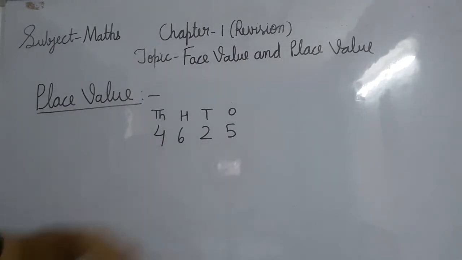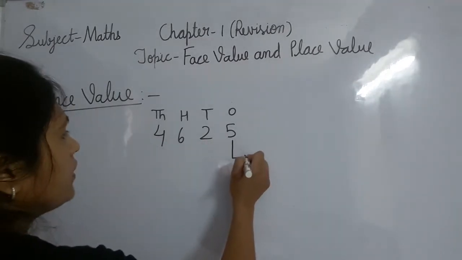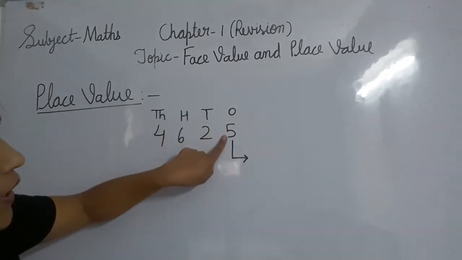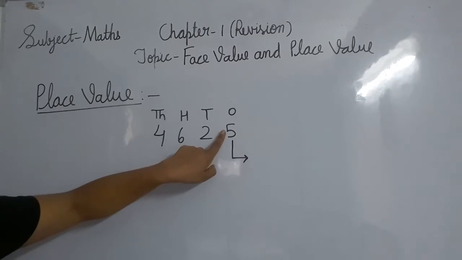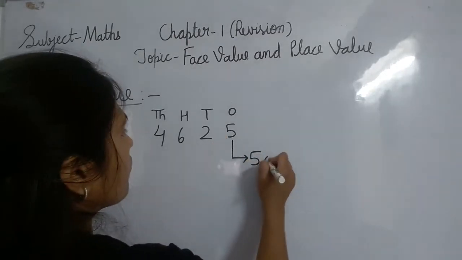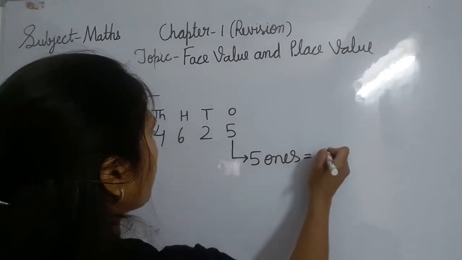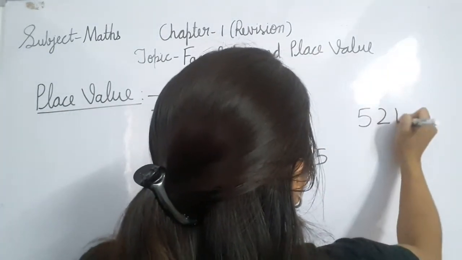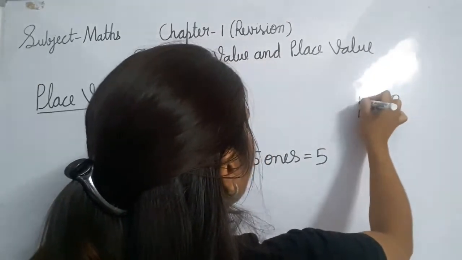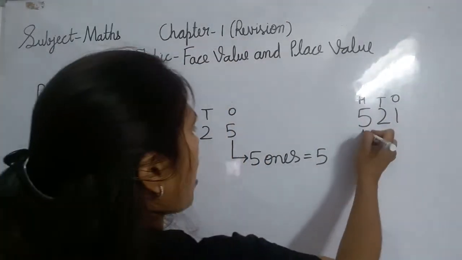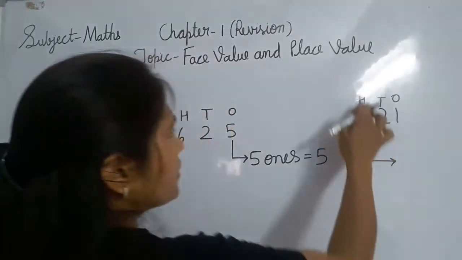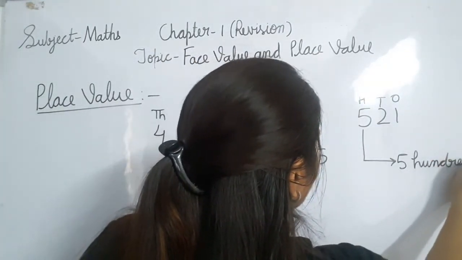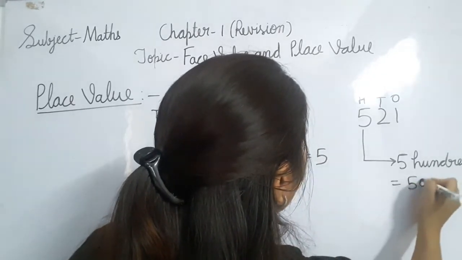If I am talking about 5, where is the 5? The 5 is in one's house. So here the place value of 5 is 5 ones. 5 ones means 5 only. But here if I am writing another number and asking what is the place value of 5, now the 5 is in the 100 place. So 500. 500 means 500.